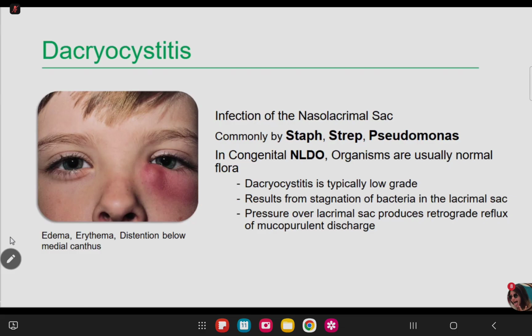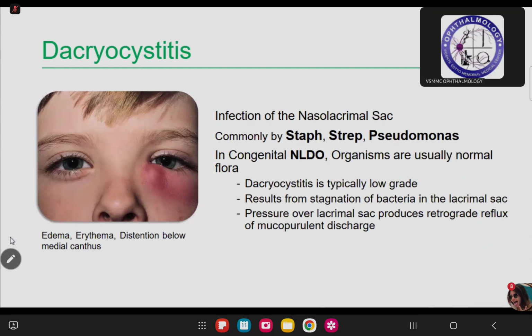No, they can be prone to lodging of the microorganisms. So infection of the nasolacrimal sac could be caused by your staphylococcus, streptococcus, and Pseudomonas. In congenital NLDO, organisms are usually the normal flora.